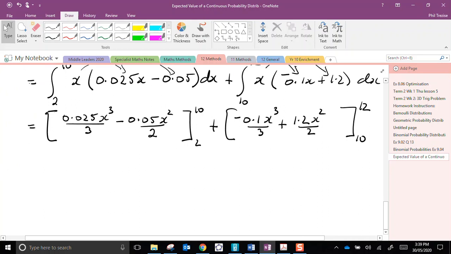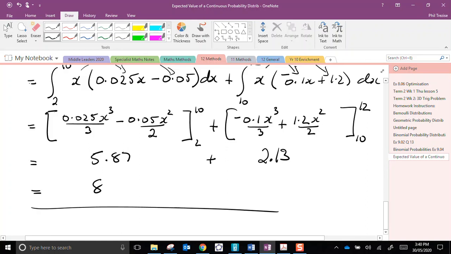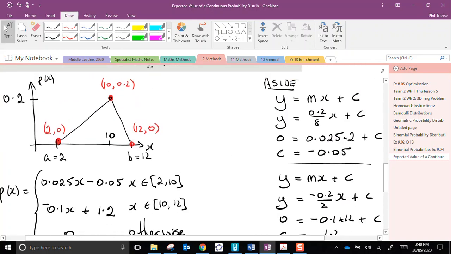Now that's a little bit of a tedious calculation, but when I performed that earlier, I found that this first one comes to 5.87, and the next bit comes to 2.13, and so I end up with a mean value for my triangular distribution of 8. Let's go back and look at where that lies.